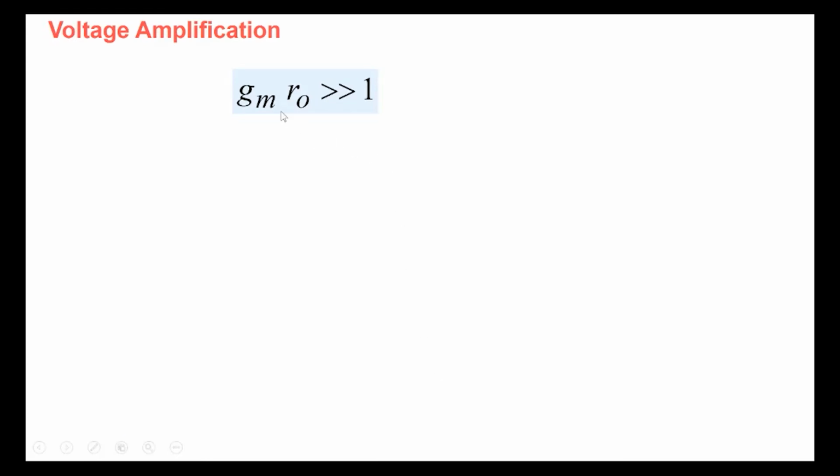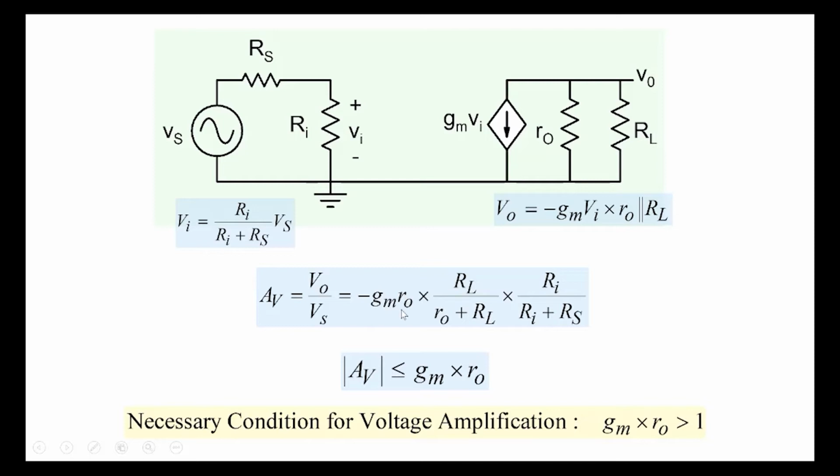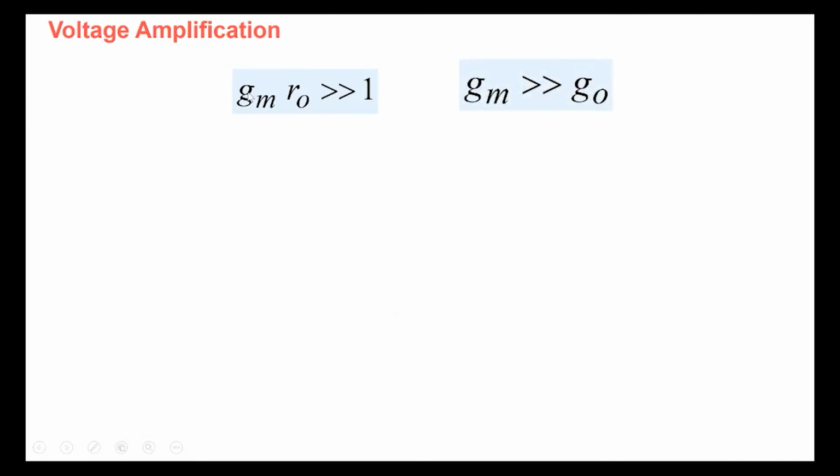So this is the essential condition. If we had a 3-terminal linear device and we wanted to build an amplifier using it, then it's essential that its transconductance multiplied by output resistance must be much larger than 1. Note that the larger this quantity gm R0, the larger the gain that we may be able to obtain. So gm R0 must be much larger than 1, or we could arrange it and write it as gm must be much larger than 1 over R0, which is nothing but the output conductance.